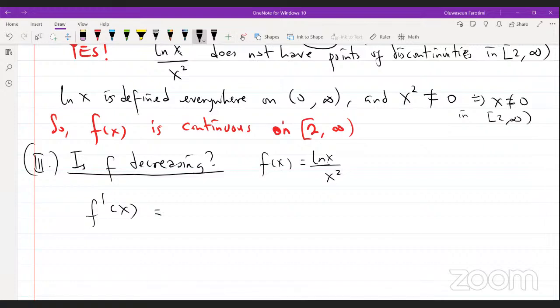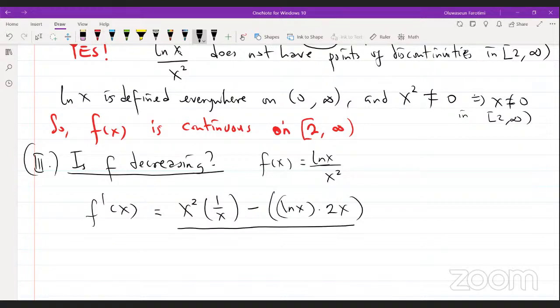Differentiate the bottom; if you do the quotient rule here, you have a 2x. Keep the bottom constant, differentiate the top, and you have 1 over x. Keep the top constant, differentiate the bottom, and you have 2x, divided by the square of the bottom.